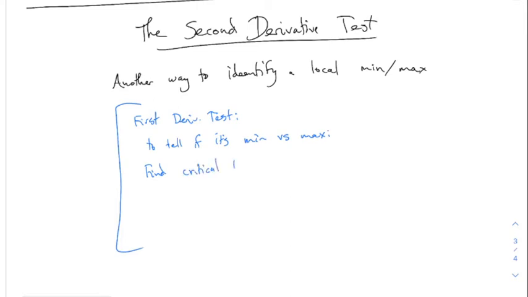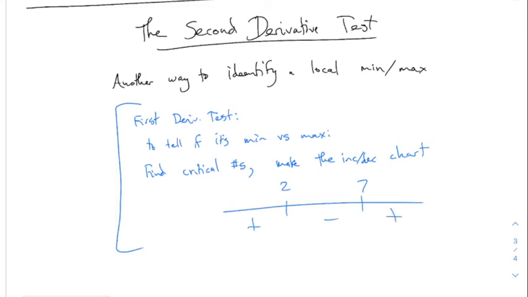Find the critical numbers, and then make the increasing, decreasing chart. It looks something like, I'm just making this up, a plus, a minus, a plus. But using the first derivative, right? This is the increasing versus decreasing chart.